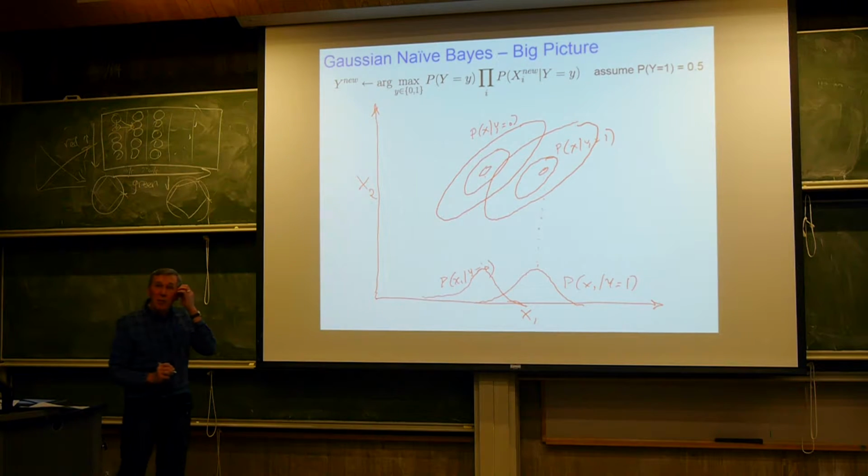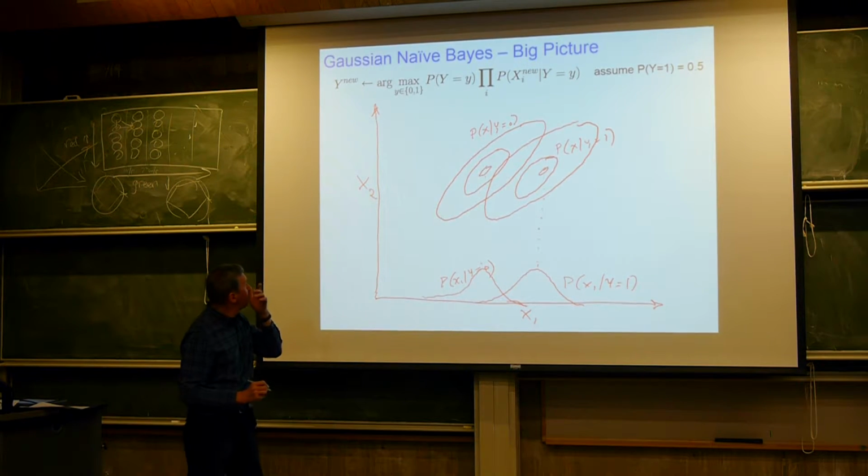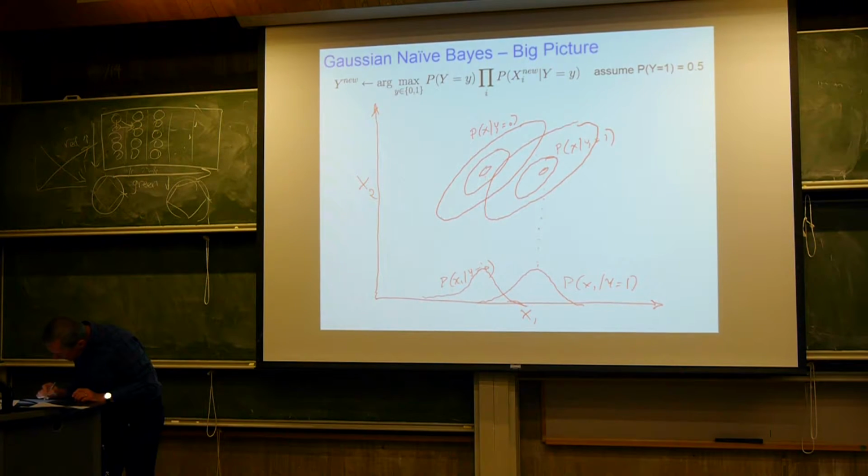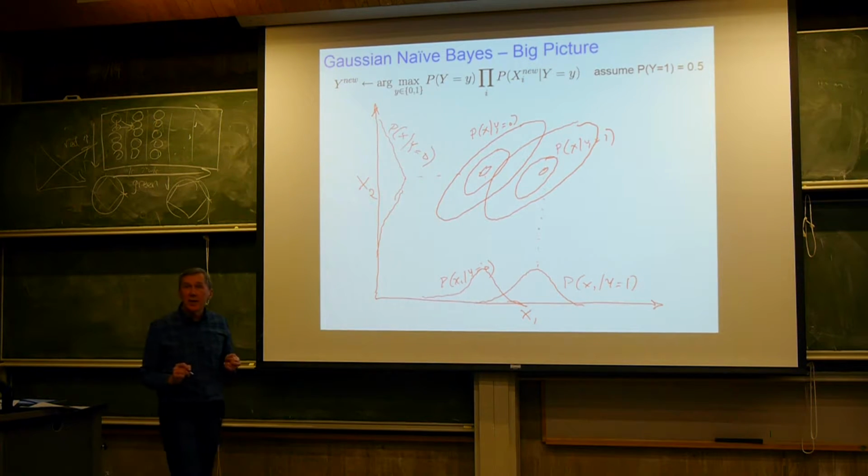And what about p of x2 given y equals 0? Well, that'll just be this thing projected back here. Maybe that'll be a little wider. It'll still peak at the mean here. So this could be p of x2 given y equals 0. And what will p of x2 given y equals 1 look like?